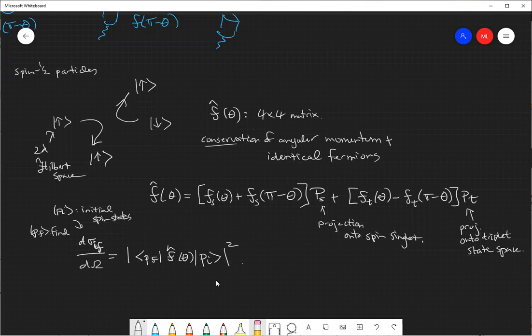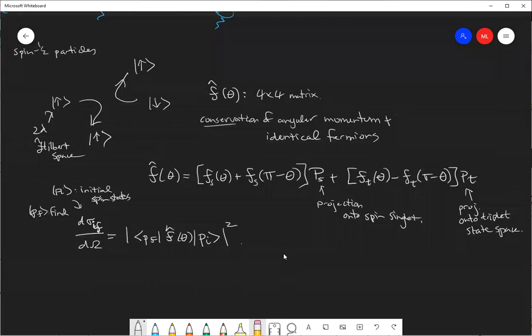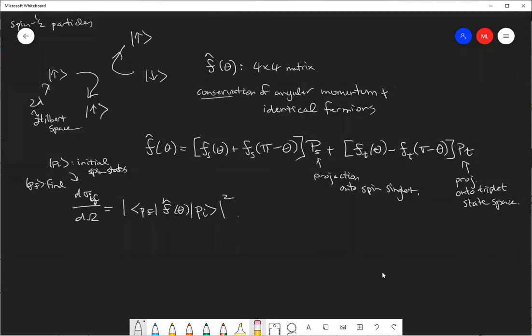That's if you know exactly what the spin states are of the incoming and outgoing particles. But oftentimes when you're doing an experiment, the incoming particles you're sending in, you don't know what their spin states are. You often just send in some beam or something like that, where you don't polarize the particles in it.